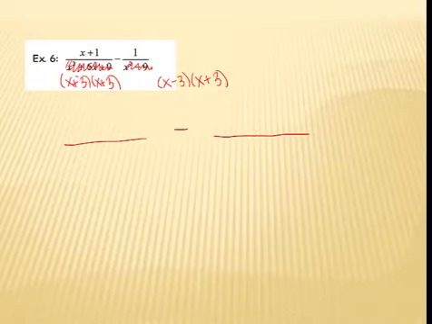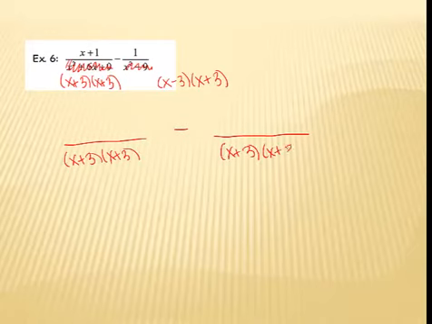So since there's 2 of them in the same denominator, I have to count for 2 of them here. Now over here, I've already accounted for the x plus 3. The x minus 3 hasn't been accounted for, so I need to account for that. So now that's my common denominator.